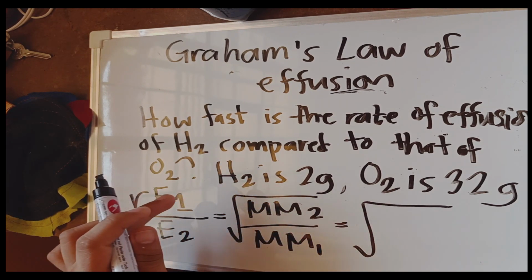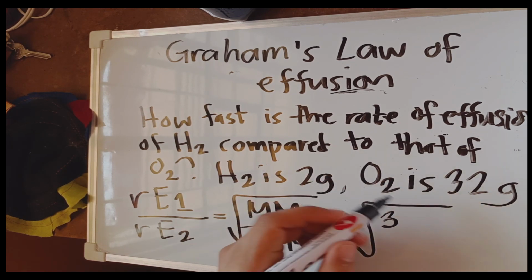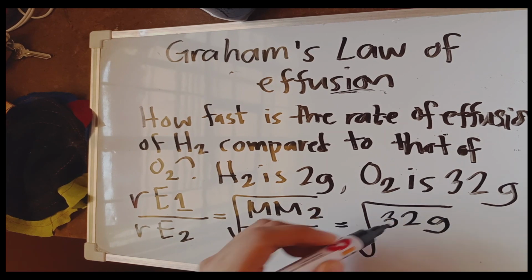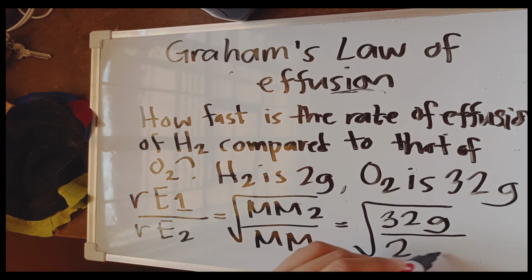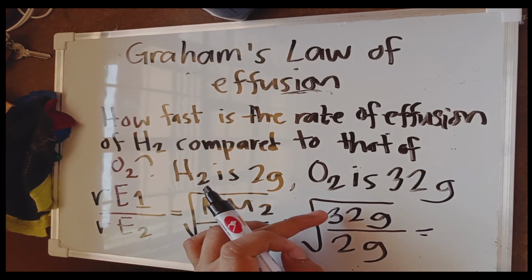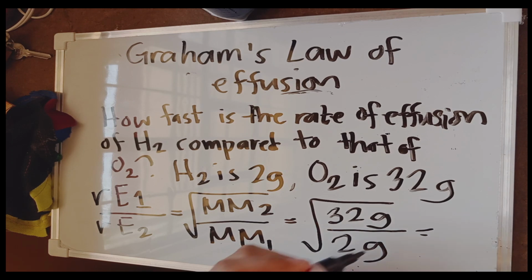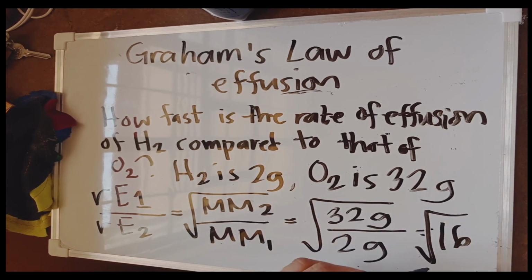What is the MM2 here? Which is the 32 grams, since it's the second one. 32 grams over 2 grams. So this time you need to divide them. 32 divided by 2, you'll have 16. Then the square root of 16, you'll have 4.